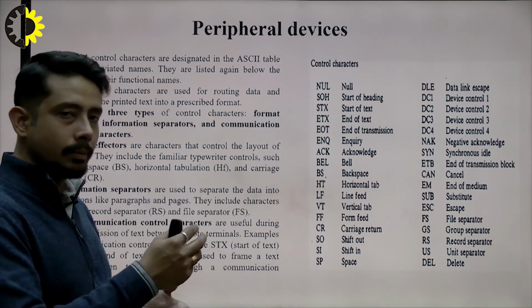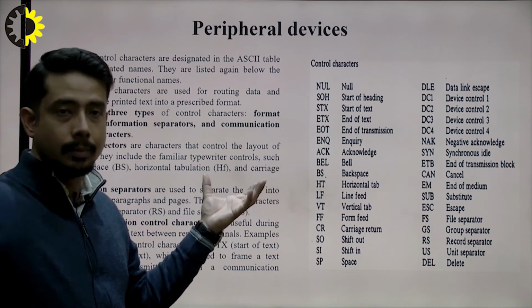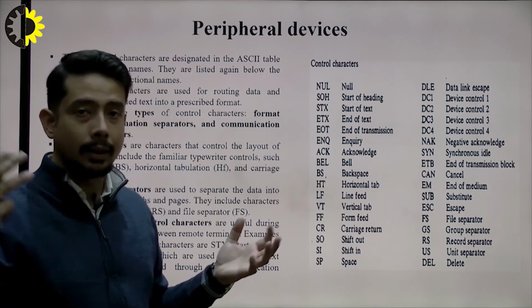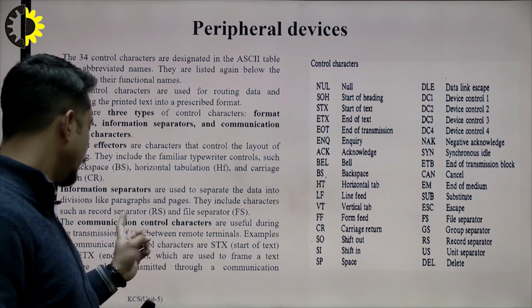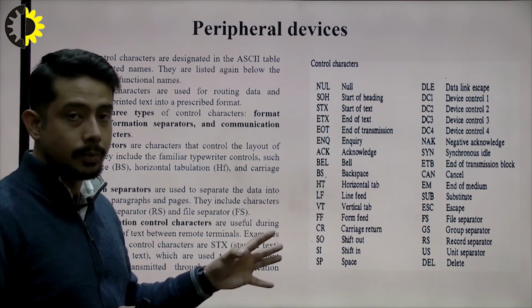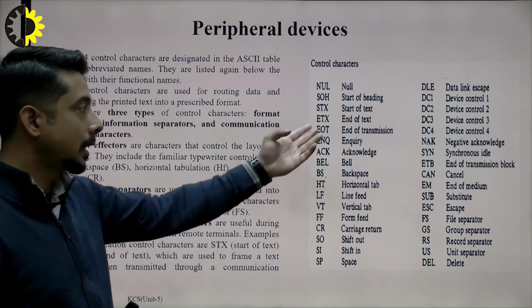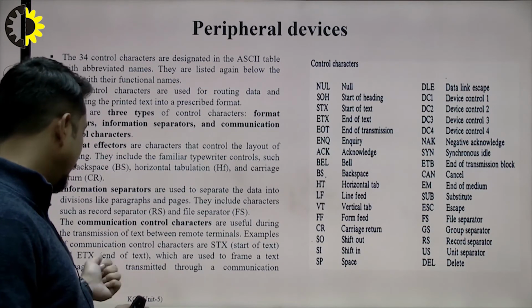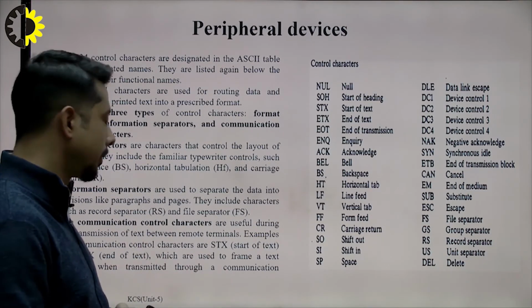Maybe I have connected this system to another system, or through a router. So for remote connections, remote terminals, we are considering only the transmission time. Examples of communication control characters are STX, as I have already told you, start of text, and end of text, which are used to frame a text message when transmitted through a communication medium.